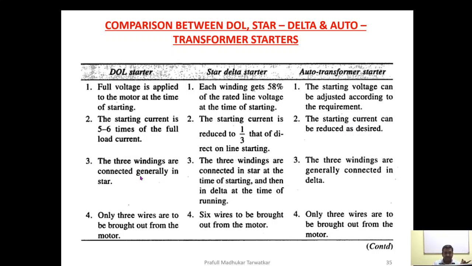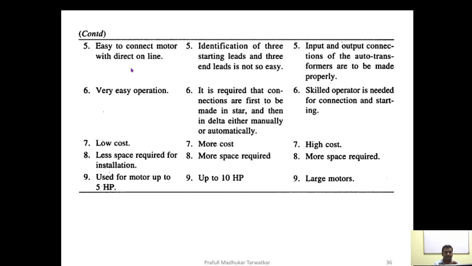The 3 windings are generally in star or delta. Here, first they are connected in star, then they are connected in delta, and normally in case of auto transformer they are connected in delta. 3 wires are required to be connected, 6 wires are required to be connected, and then again 3 wires are required to be connected.